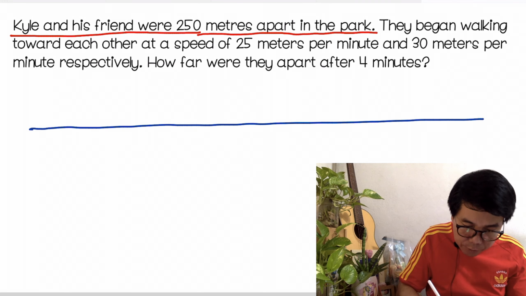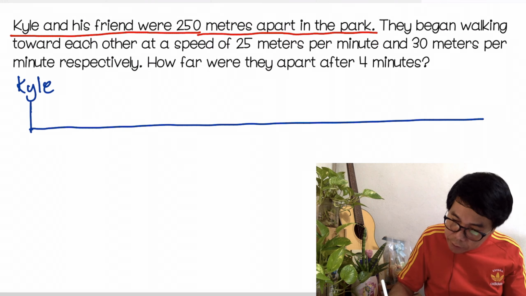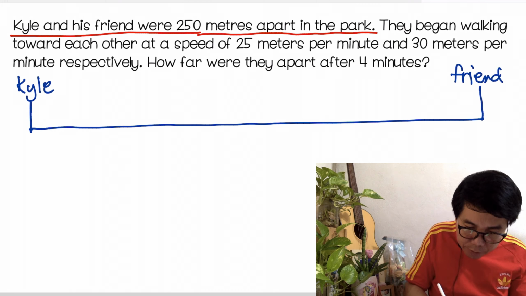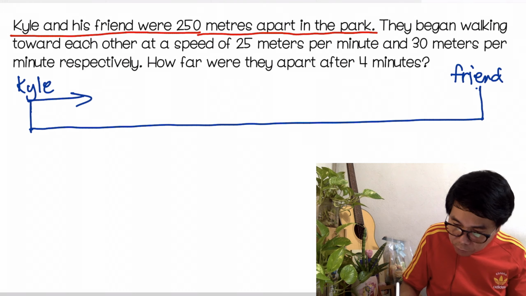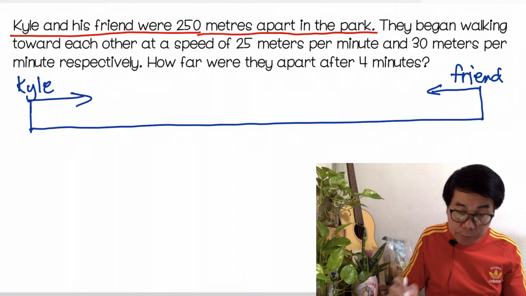This one is Kyle, and this one is his friend. Kyle is going in that direction, the friend going in this direction.